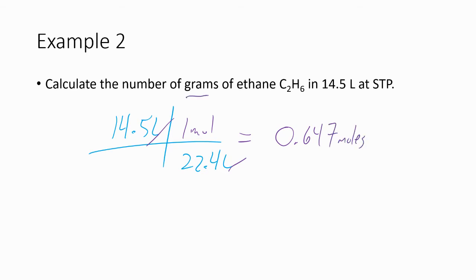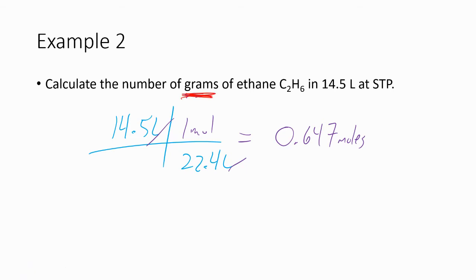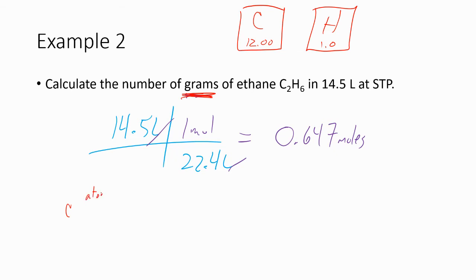But then this is looking for grams, and hopefully you remember that the periodic table gives grams to moles. So carbon is 12 and hydrogen is 1, basically. So you're going to have 2 carbons with a mass of 12. And hydrogen, there are 6 hydrogens with a mass of 1 for a grand total of 30.